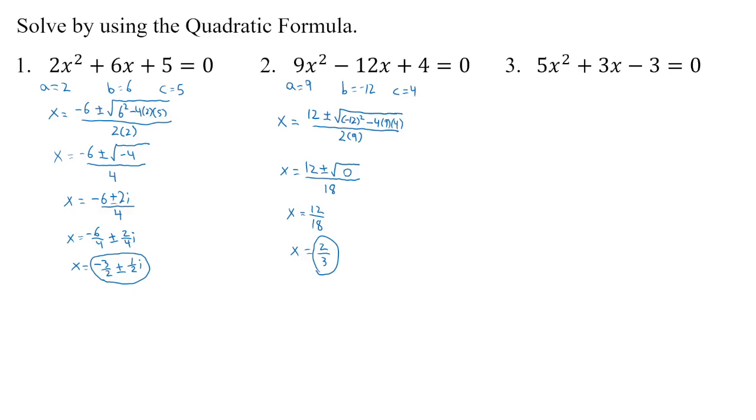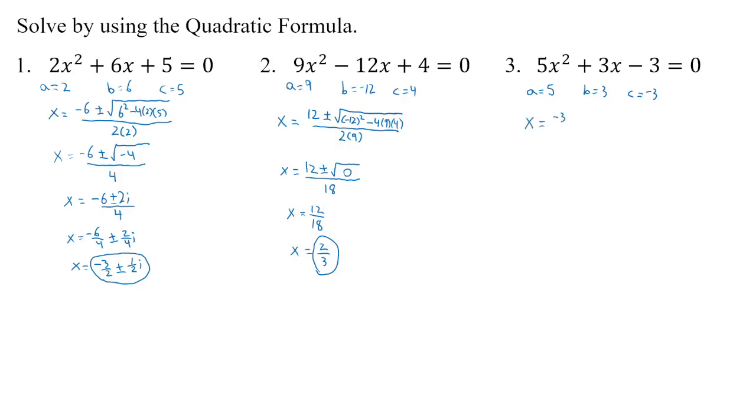All right, next we have 5x squared plus 3x minus 3 equals 0. So a is 5, b is 3, and c is negative 3. We're going to plug them into the quadratic formula.